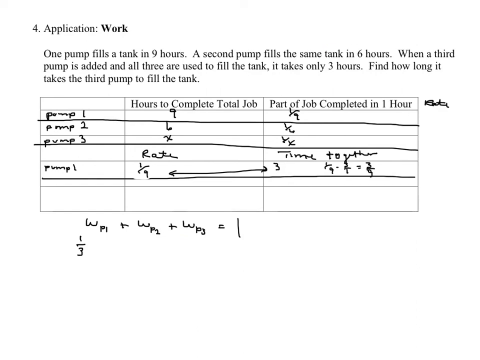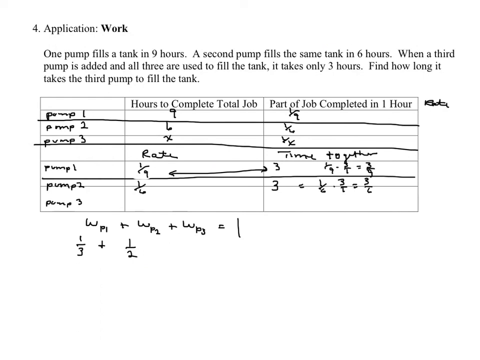Perfect. Now let's do pump 2. The rate for pump 2 is 1/6. The time together is 3. So when I multiply those, 1/6 times 3 over 1, I get 3 over 6, which is 1/2. Good.